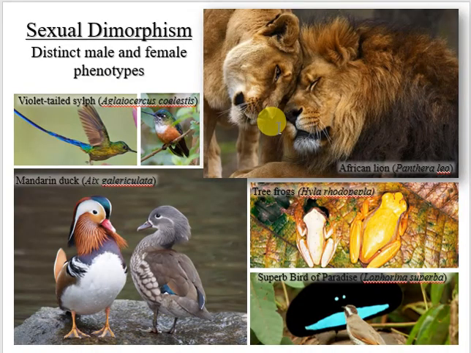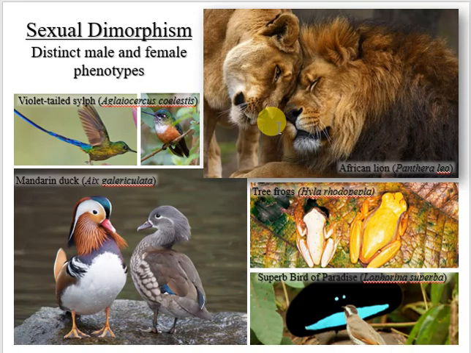So one of the aspects that arise from sexual selection is the concept of sexual dimorphism, which is where males and females of the same species bear distinct differences in appearance or in size.